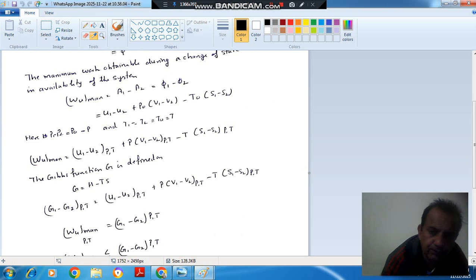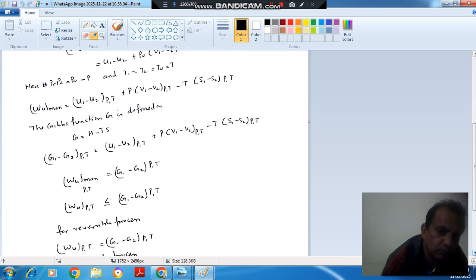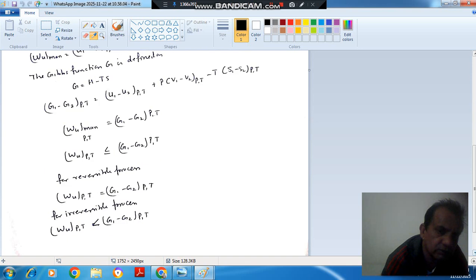So maximum useful work in the chemical reaction where both pressure and temperature are constant is your difference of Gibbs function. So actual work is less than or equal to the difference of Gibbs function. For a reversible process, it is equal to the difference of Gibbs function. For irreversible, it is less than the difference of Gibbs function.